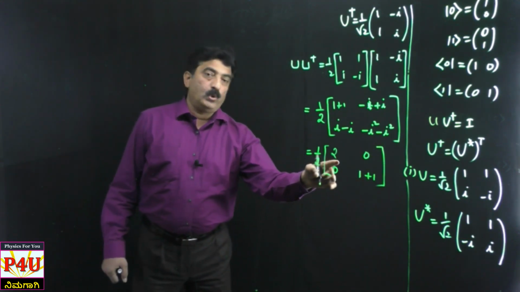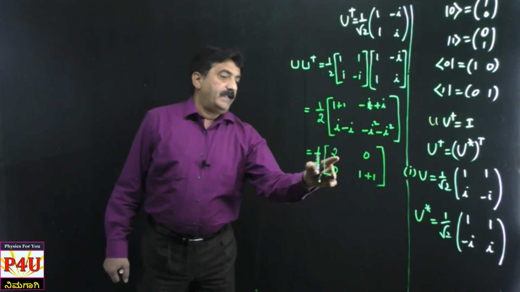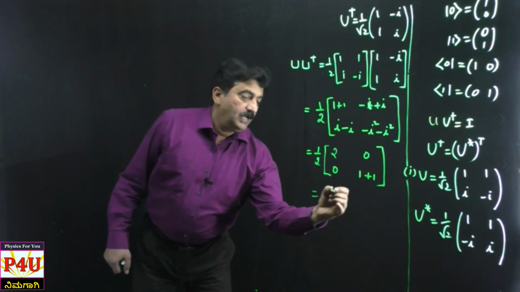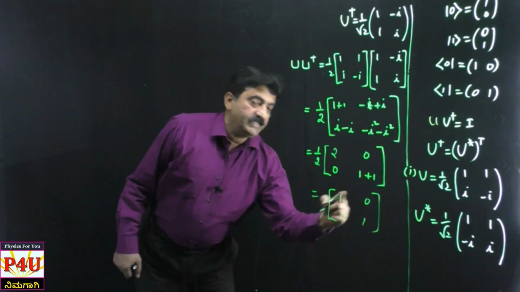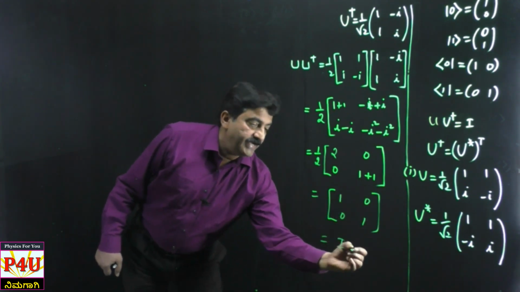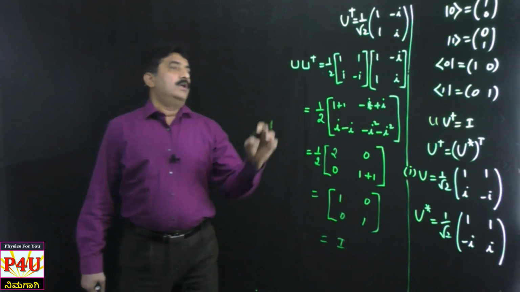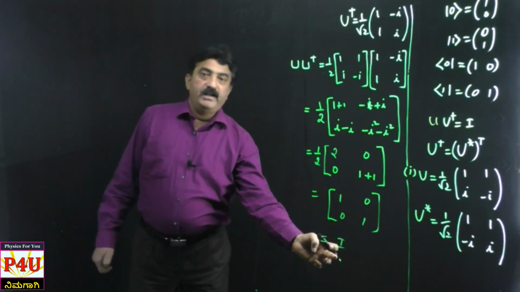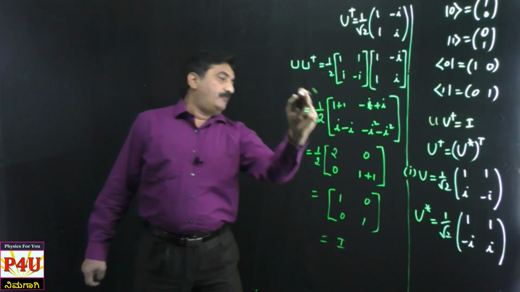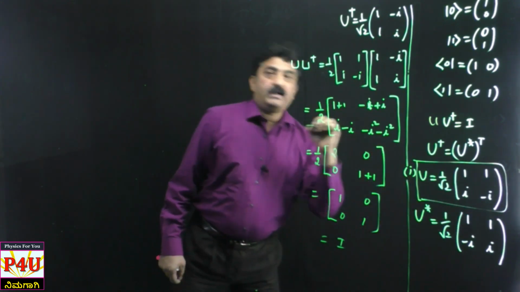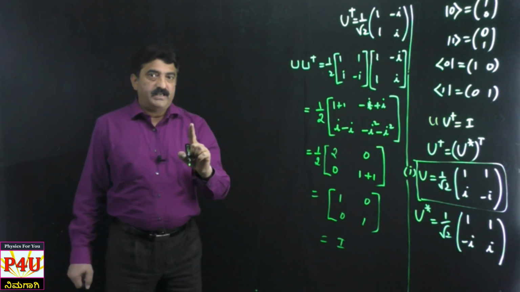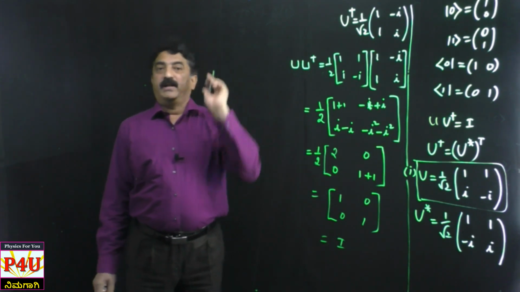Now you take 2 inside, 2 by 2 cancel and 2 by 2 cancel. Ultimately I am left with 1 0 0 1. What is this? This is nothing but the identity matrix. Therefore U U dagger finally leads to the identity matrix. Therefore U given in this form is definitely a unitary matrix.